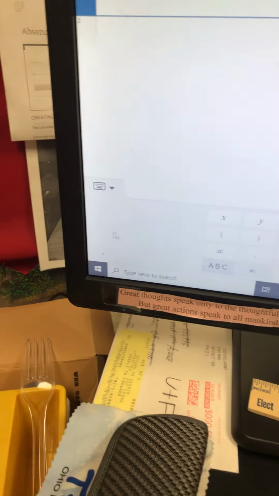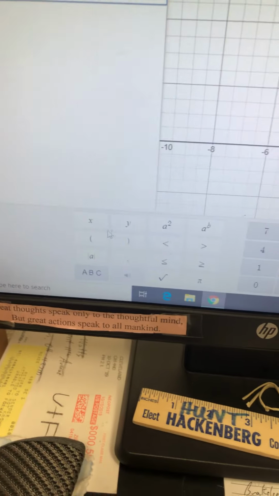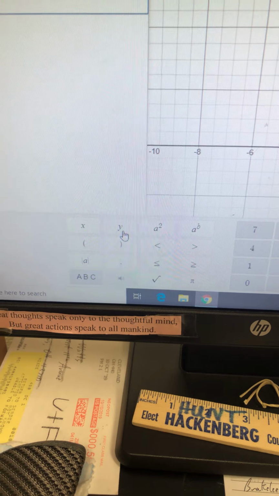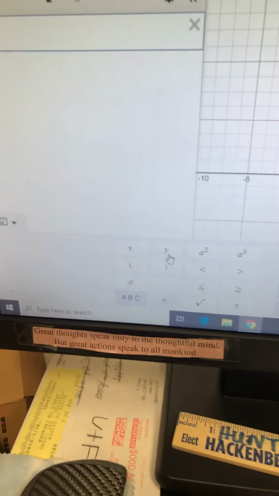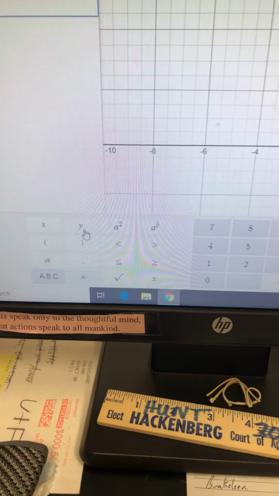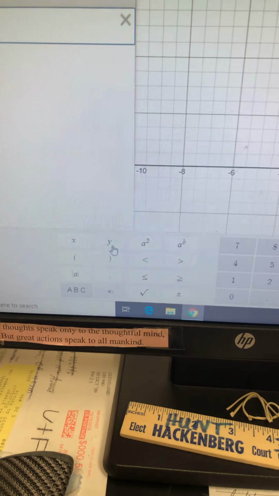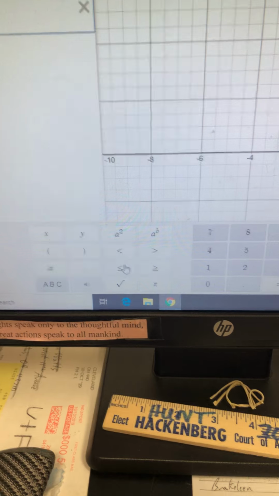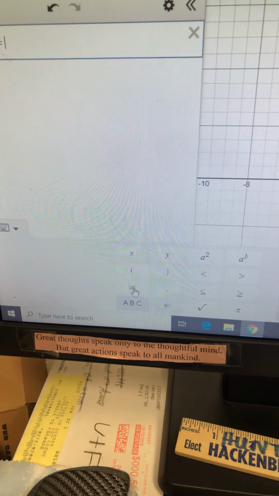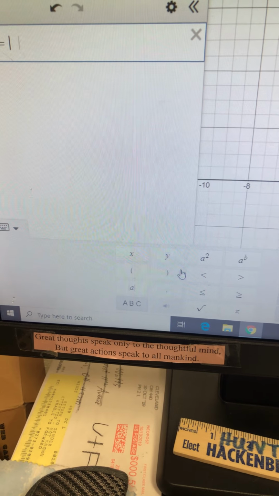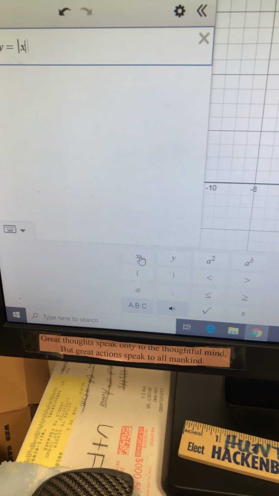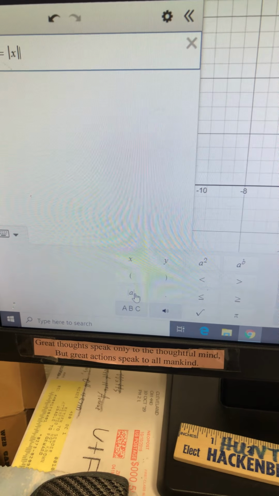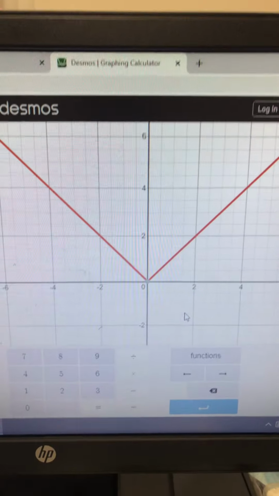So you click down here in the bottom left-hand side, and then you have these buttons that you could be pressing. So I have y equals, and it's going to be absolute value, hint on that one, of x. I'm going to hit the absolute value again, and it'll show you exactly what that is.